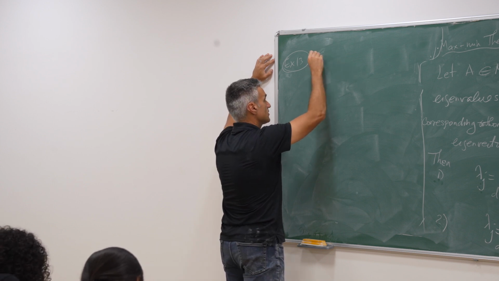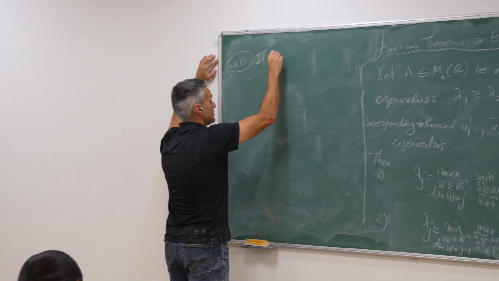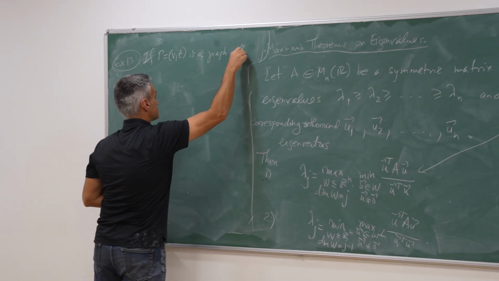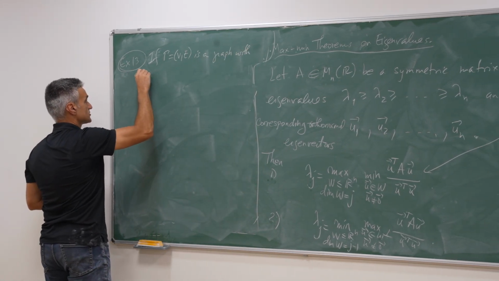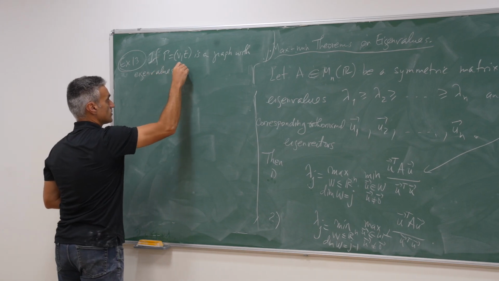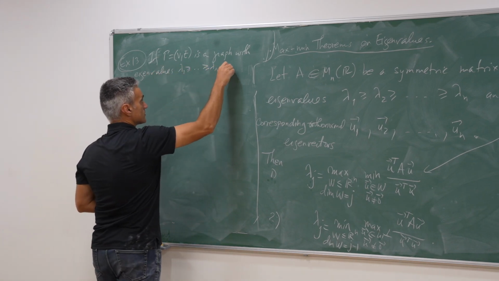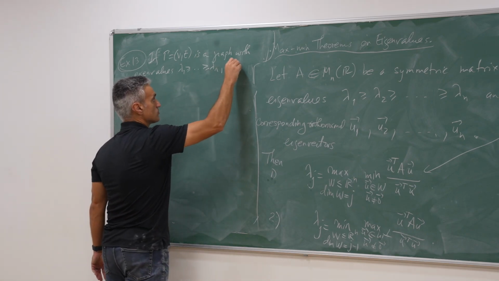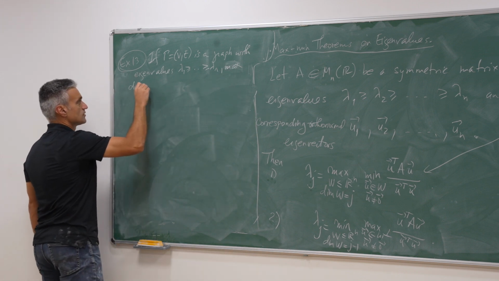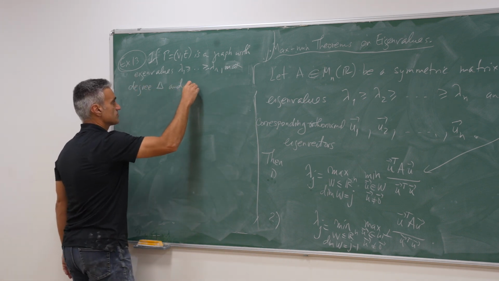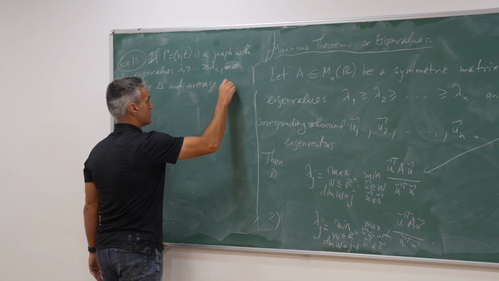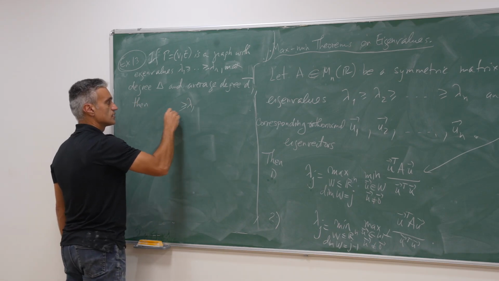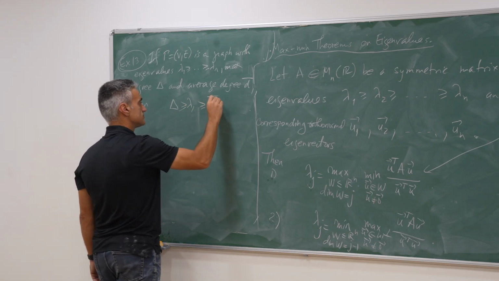Okay, the usual thing, if gamma is a graph with eigenvalues lambda 1 all the way to lambda n, again, adjacency matrix, and max degree delta and average degree d bar, then d bar is less than or equal to lambda 1, which is less than or equal to delta.